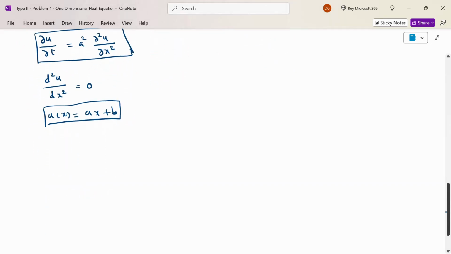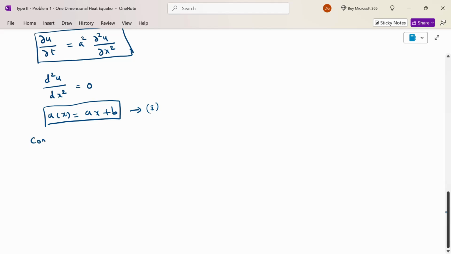So d square u by dx square equals 0 is our equation, u of x equals ax plus b is the solution, and I call this equation number 1.